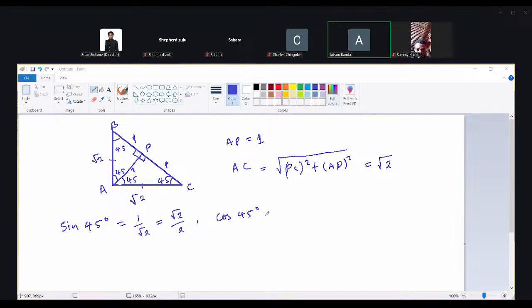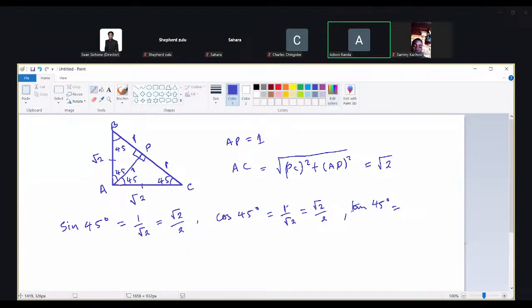So the cosine of 45 degrees, again, you can see from any of the triangles that this is going to be equal to 1 over root 2, which is the same as root 2 over 2. And the tangent of 45 degrees, again, this is just going to be opposite over adjacent.